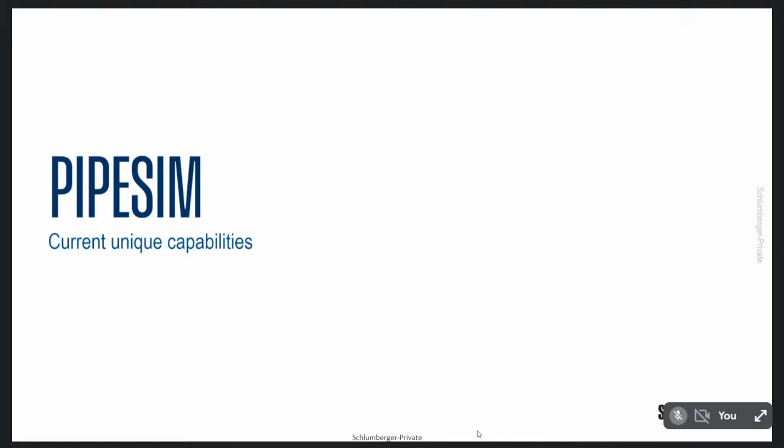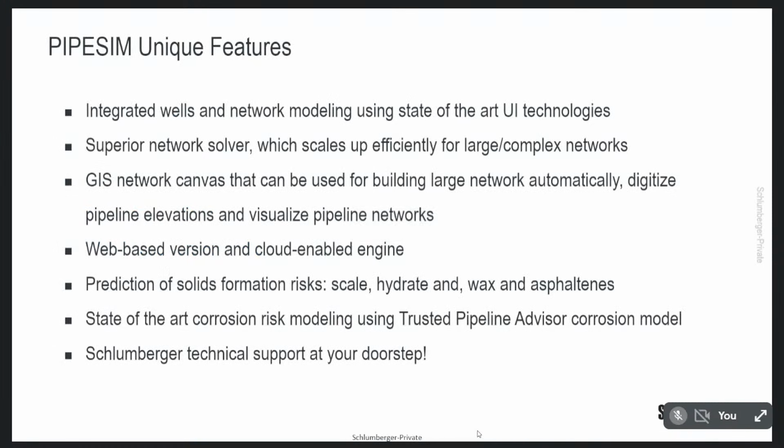However, there are certain unique functionalities and capabilities that we believe make Pipesim better, and that's why we believe Pipesim is the best multi-phase flow simulator in the industry today, from our point of view, of course. But what are these unique features?